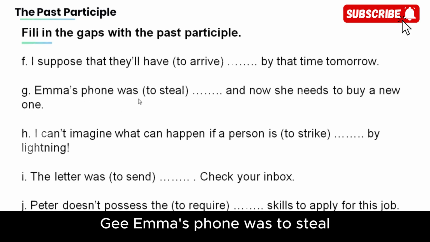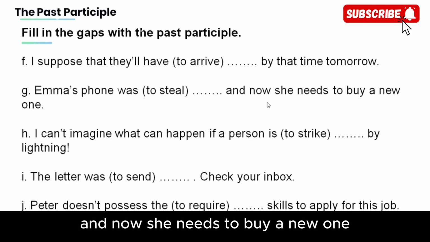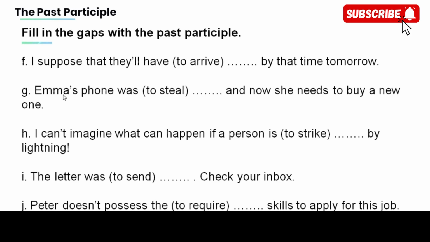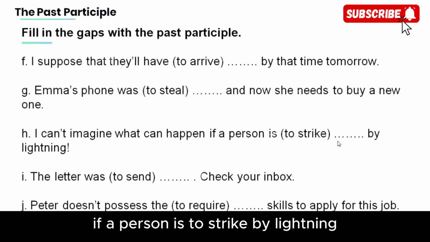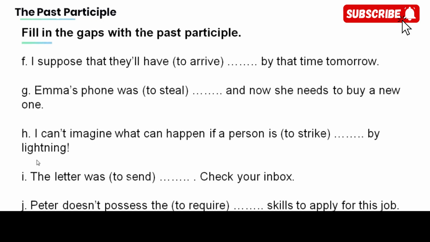G. Emma's phone was to steal, and now she needs to buy a new one. H. I can't imagine what can happen if a person is to strike by lightning.